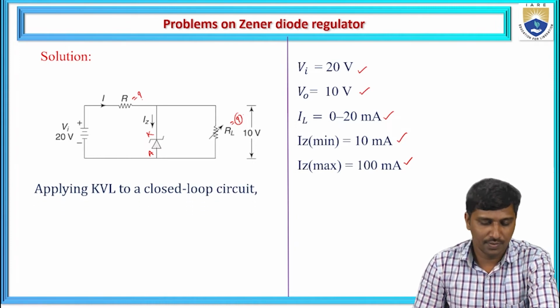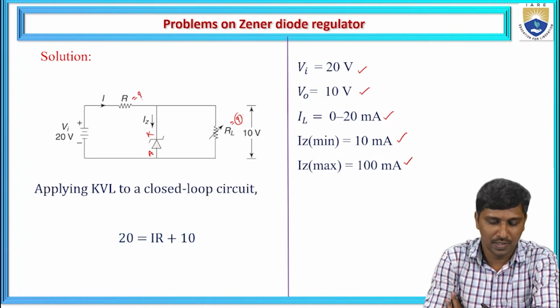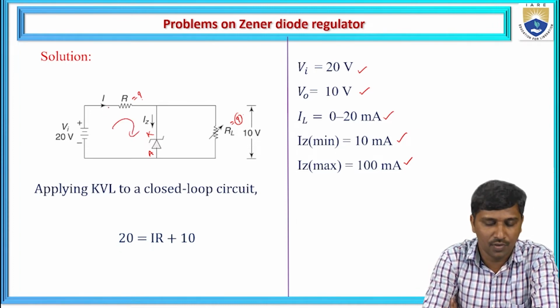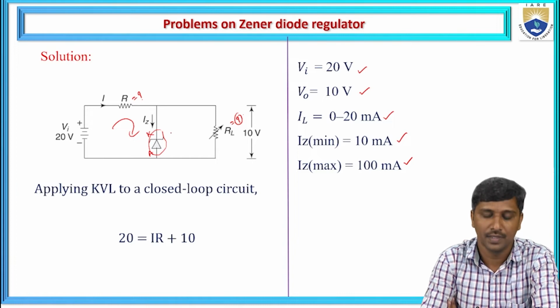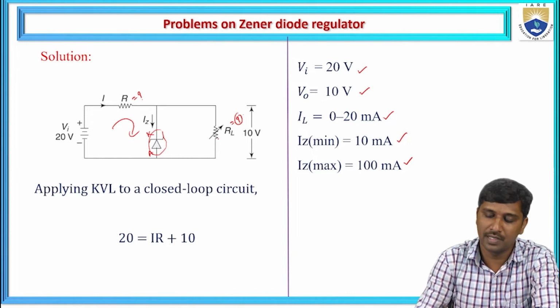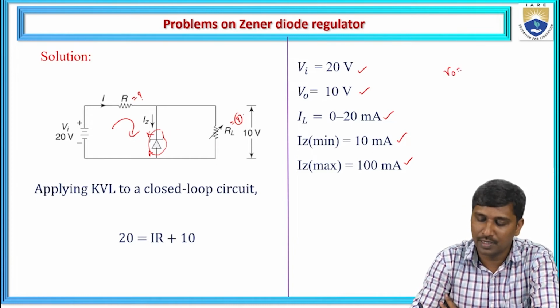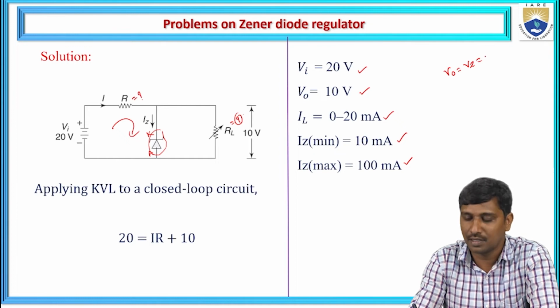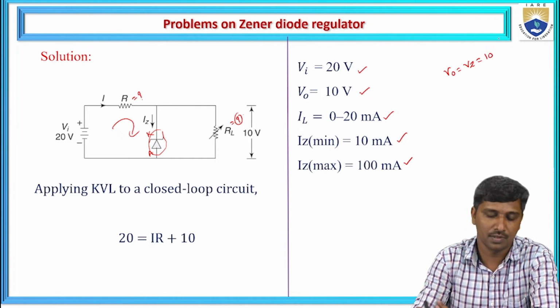So if you apply the KVL to the closed loop circuit, the voltage drop across this resistance along with the voltage drop across this Zener diode is equal to the output voltage. We know that the output voltage is exactly equal to the Zener voltage in a shunt configuration. Hence V0 and Vz is equal to 10 volts.